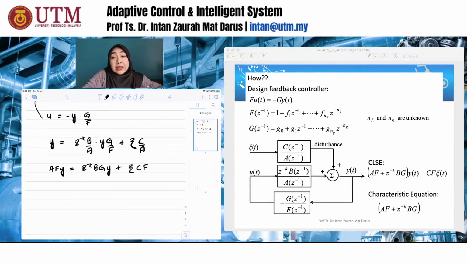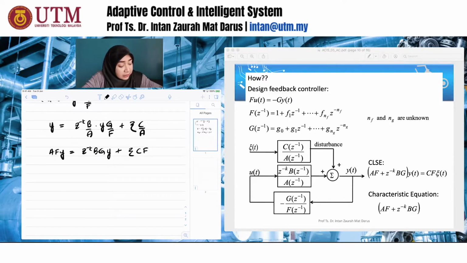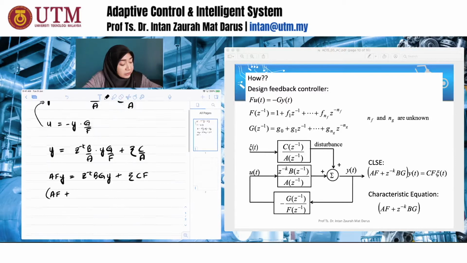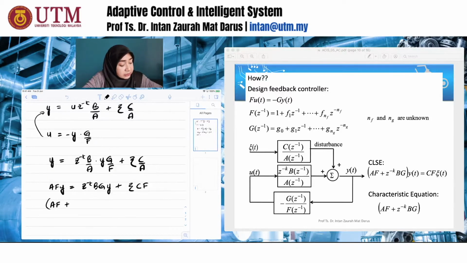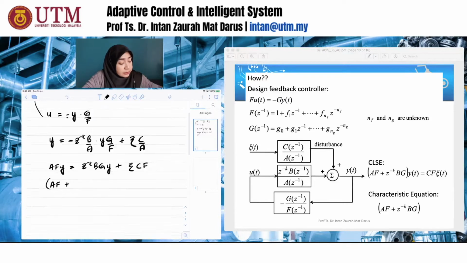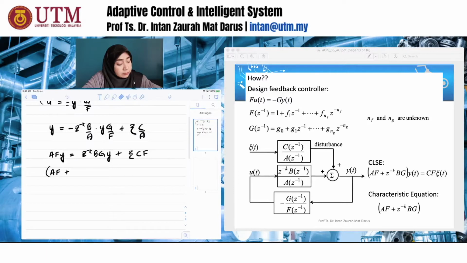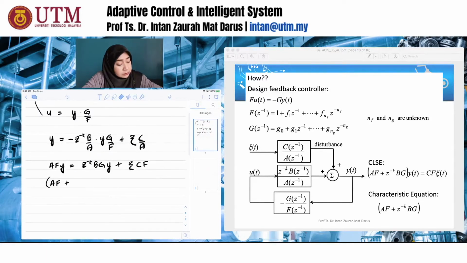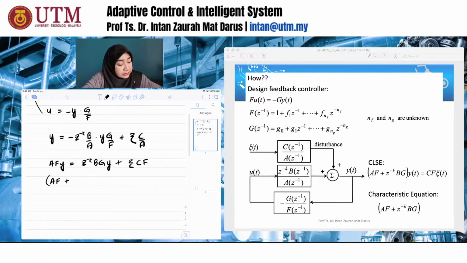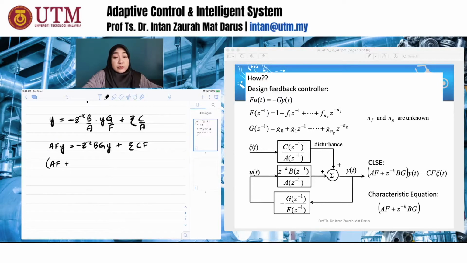Then I will collect all the y together. Remember, from u here there's a minus sign there. I think I missed the minus. So instead of positive, this is supposed to be negative.